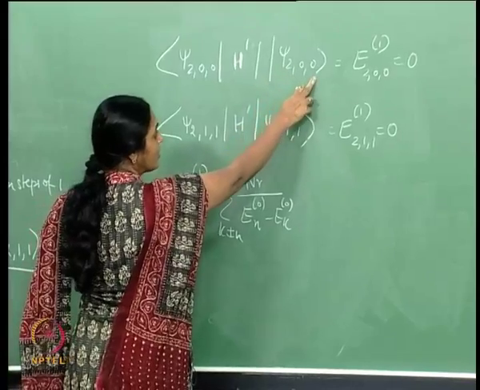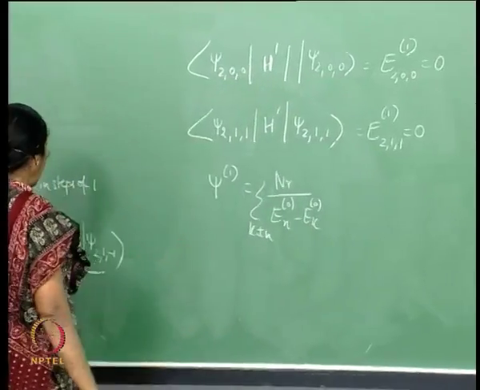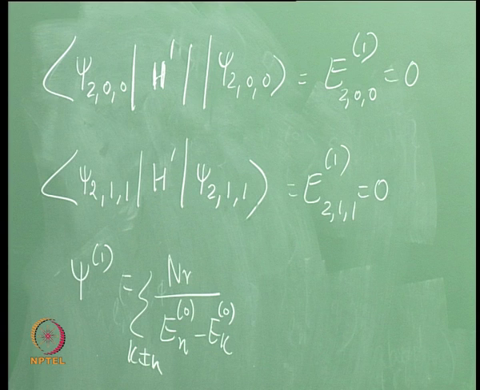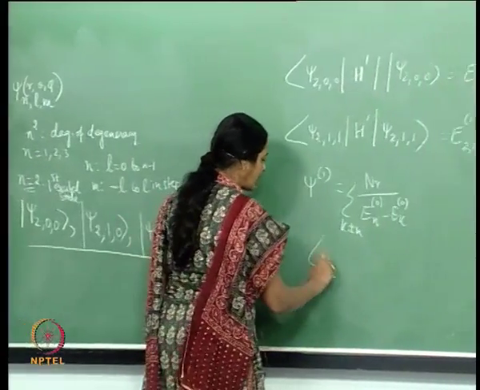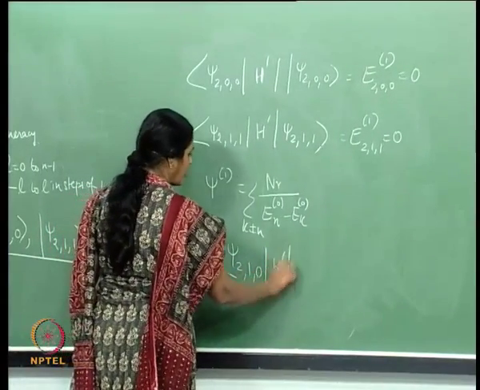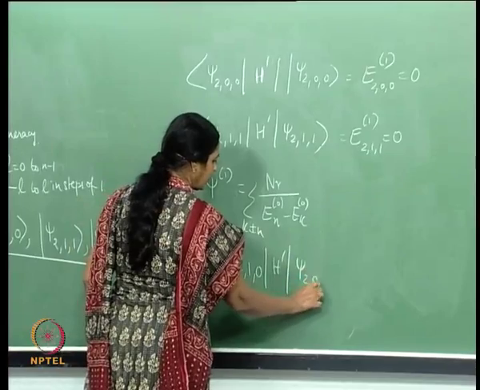So, basically if I have a state here, I should put in another of these 4 states on the other side. So, in the numerator, as we know, there are matrix elements multiplying wave functions. Let us not worry about the wave functions, we look at the matrix element at this point. So, let me look at an element like psi 2 1 0 H prime psi 2 0 0.